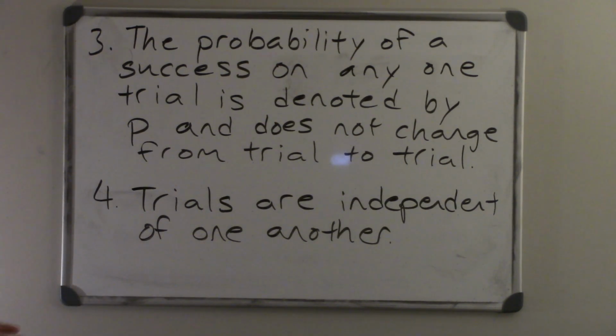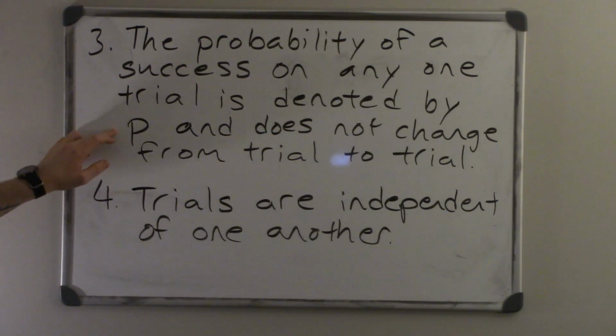Then for number 4, we're saying the trials are independent of one another, right? So if we remember back from chapter 5, what does it mean if two things are independent? It means that they don't affect each other. So a success or failure on one trial is not going to affect the probability of a success or a failure on any other trial.